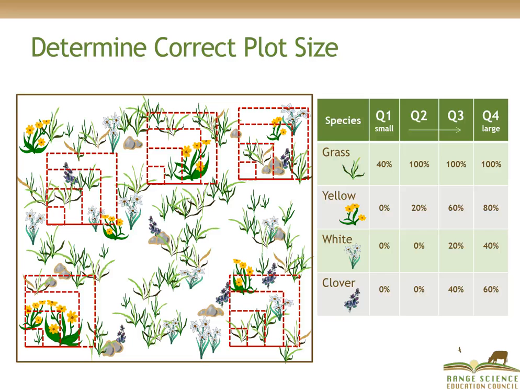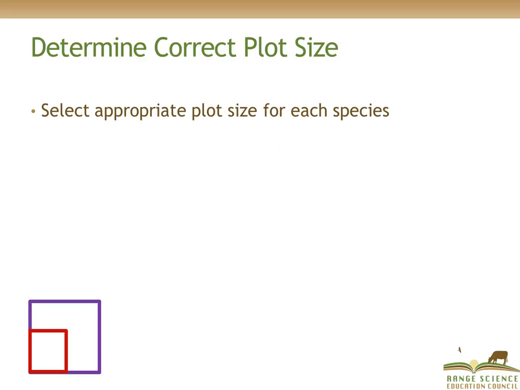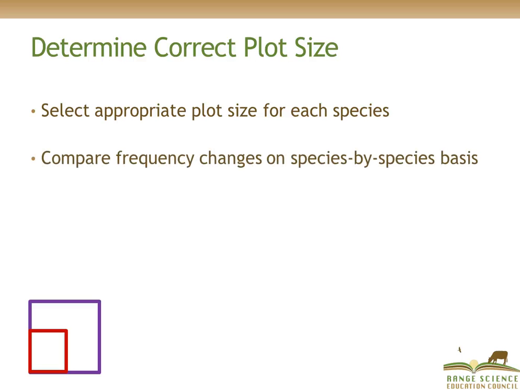In order to determine the correct quadrat or plot size, we need to select the appropriate plot size for each of the individual species. When we are comparing frequency or looking for changes from year to year, we always do this on a species by species basis, and we don't compare frequency between species.